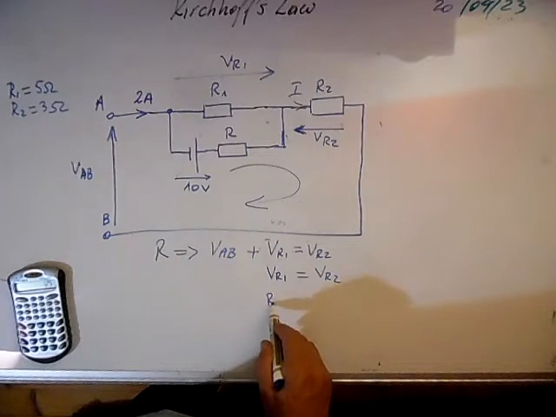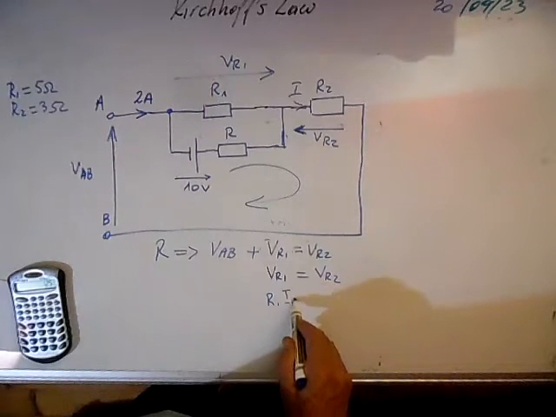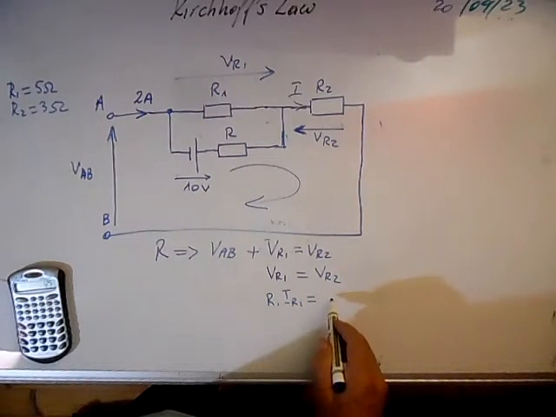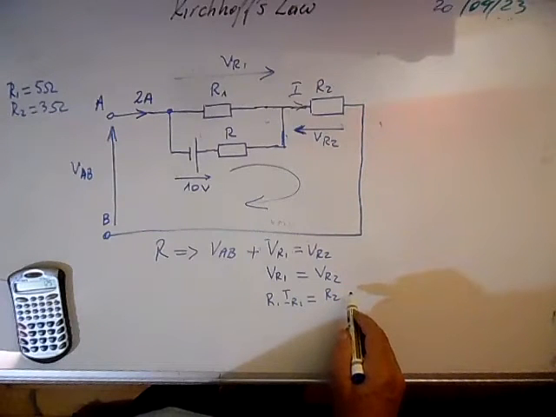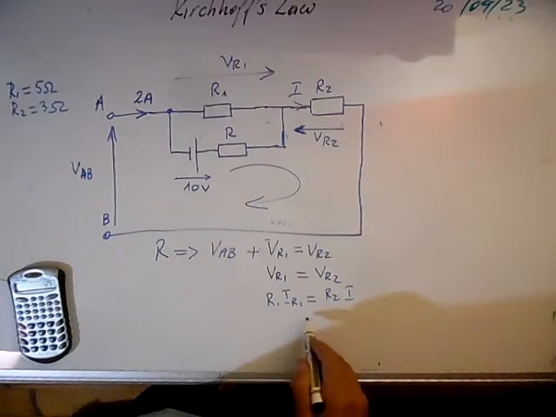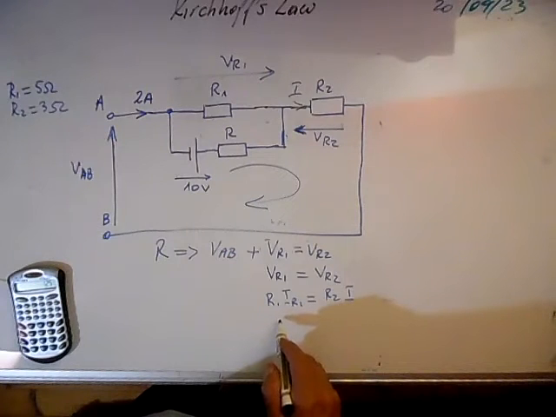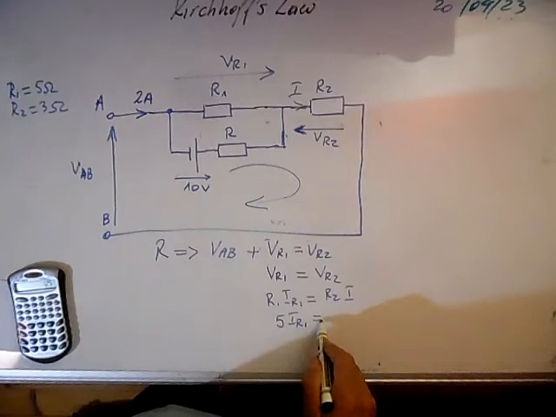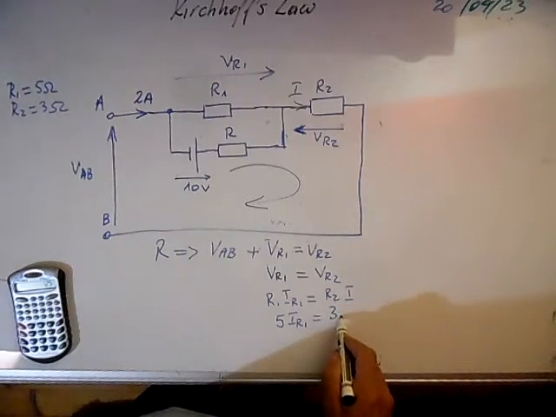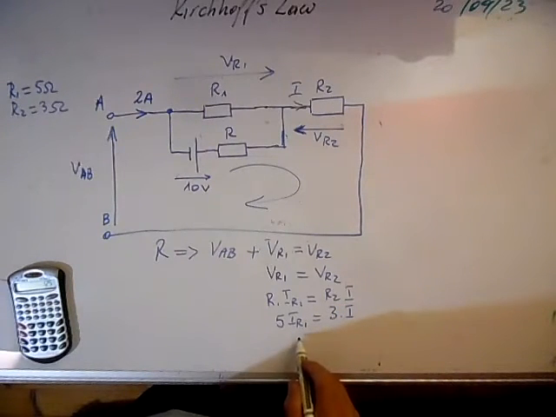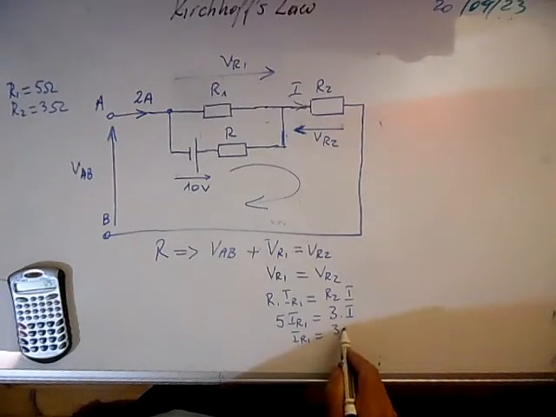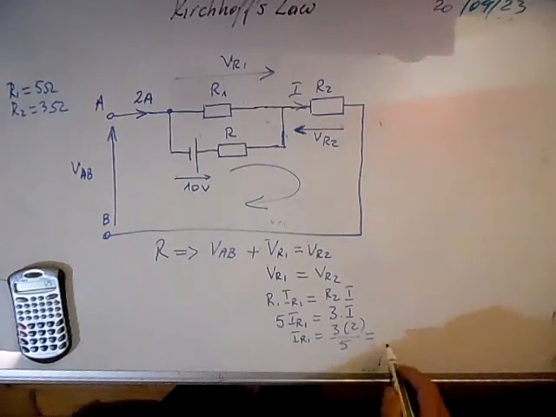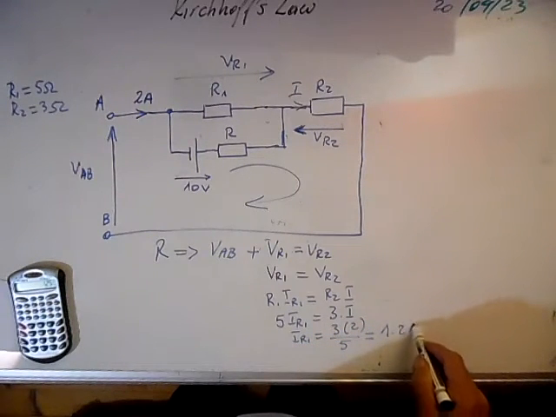VR1 is R1 times IR1, which should be equal to R2 times I. So it means that R1 is 5, IR1 should be equal to 3 times I. So it means that IR1, we can calculate this, it's 3 times 2 amps over 5, and it's 1.2 amps.